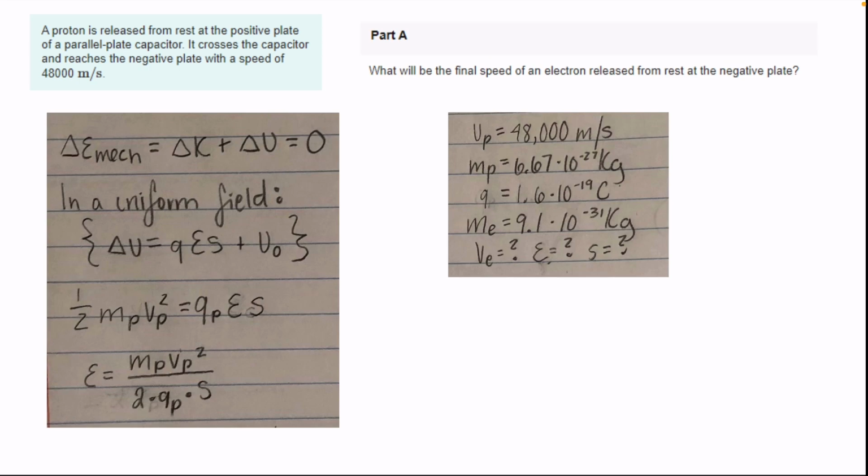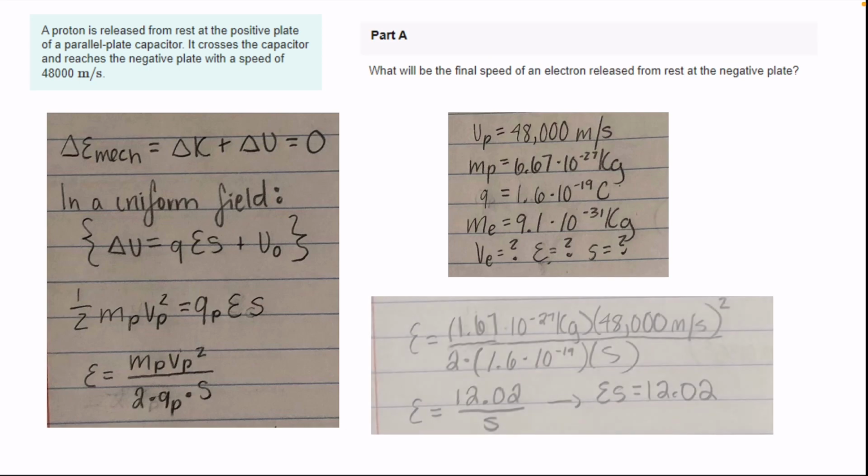So you can see once we rearrange our equation, 1/2 mv squared equals QES, to solve for E, we get E equals m times v squared over 2QS. And so all you have to do is plug in your values, and you get E equals 12.02 over S. And so I went ahead and just said ES equals 12.02.